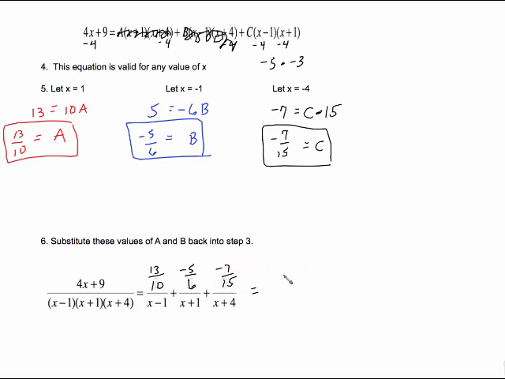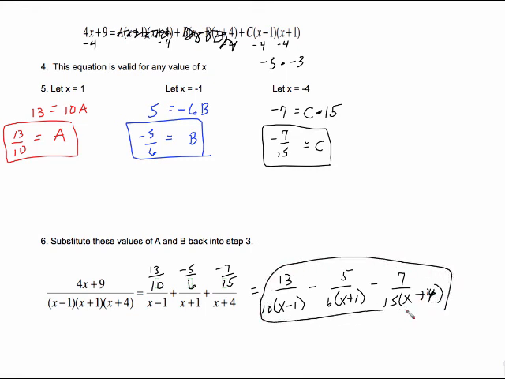But we need to clean that up to where we have 13 over 10 times x minus 1, minus 5 over 6 times x plus 1, minus 7 over 15 times x plus 4. And that is the partial fraction decomposition for that problem right there. If you took the time to check and actually got common denominators, added all of this up and simplified, you would end up with that fraction.